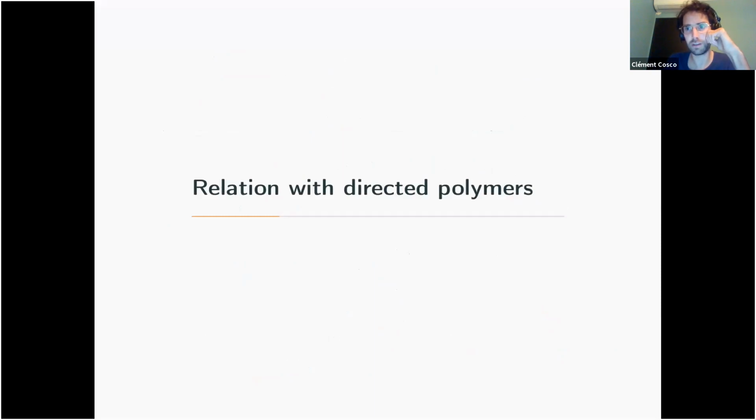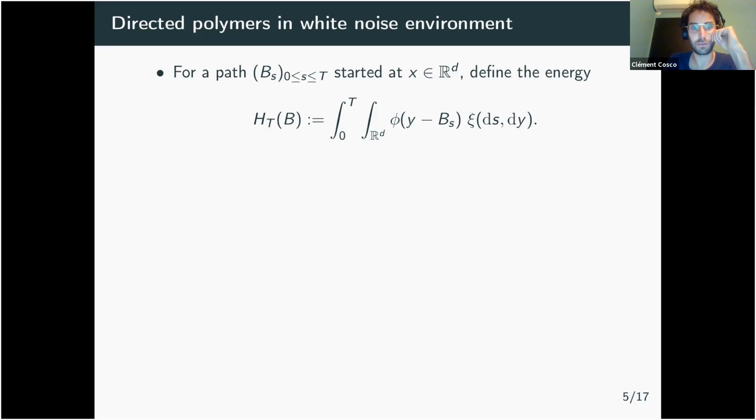So let me go back a bit to the connection with directed polymers, although Hubert did a lot on that. Here I'm working in a continuous framework, and I'm looking at a polymer with an energy that is defined as such. You take a path B. The path lives in R^d, and here is time. And along this path, you look at the noise around it.